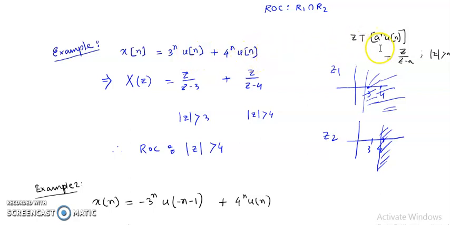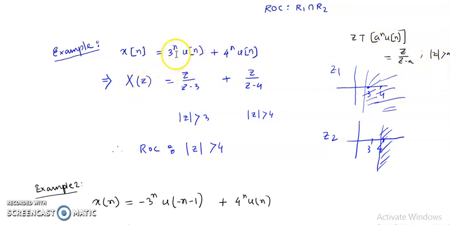We know that the Z transform of a to the power n u[n] is given by z by z minus a, where a is a constant subtracted in the denominator, and due to the positive value of a, the ROC becomes mod z greater than a.